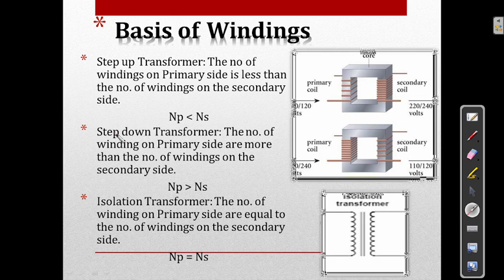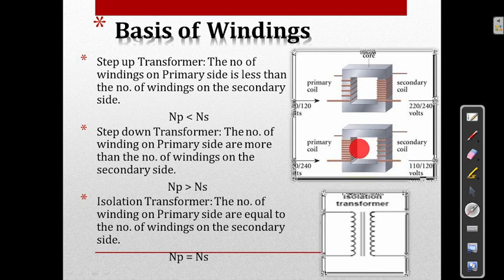Now the step down transformer. Here the number of windings on the primary side is more than the number of windings on the secondary side. The one where the primary is lesser than the secondary winding is called a step up transformer. Here this one is greater than the secondary winding.